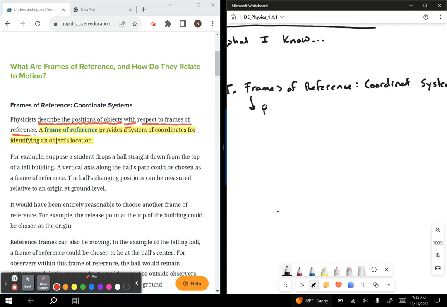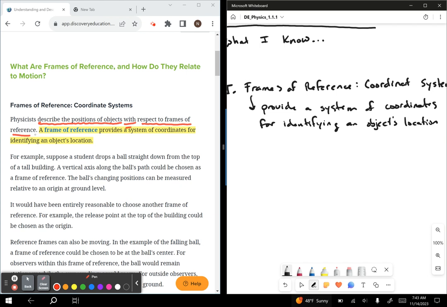They provide a system of coordinates for identifying an object's location.